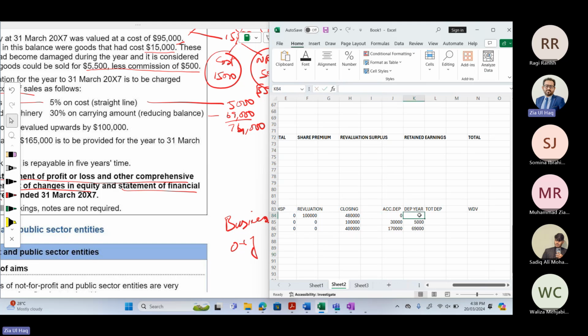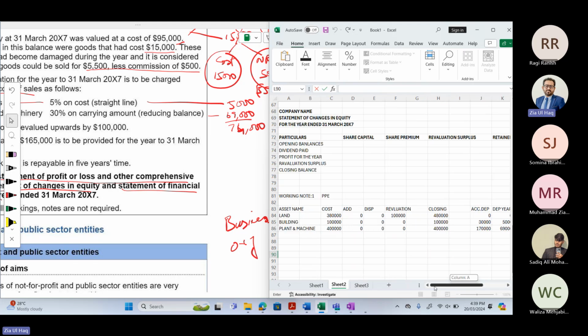There is no depreciation relating to land, and equal to this plus this, enter, and this formula Control C, shift downward, Control V. And WDV equals this closing minus this total depreciation, enter, and this formula Control C, shift downward, Control V, and we have calculated these amounts.